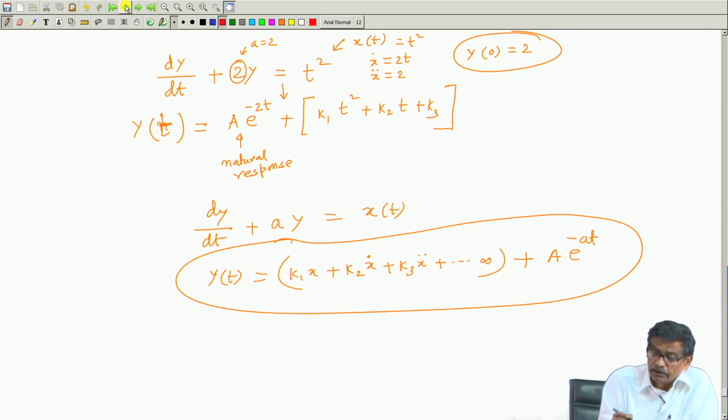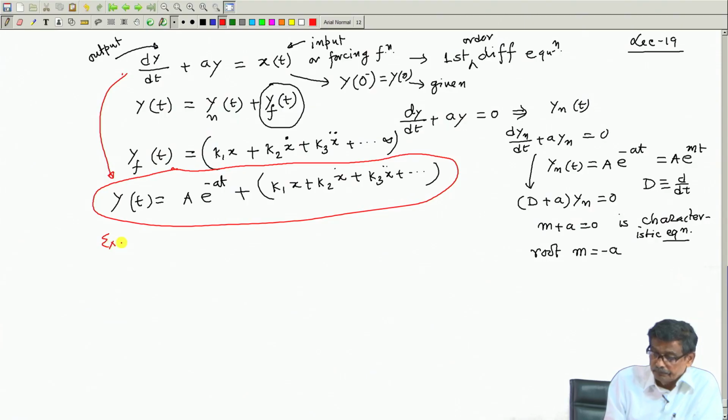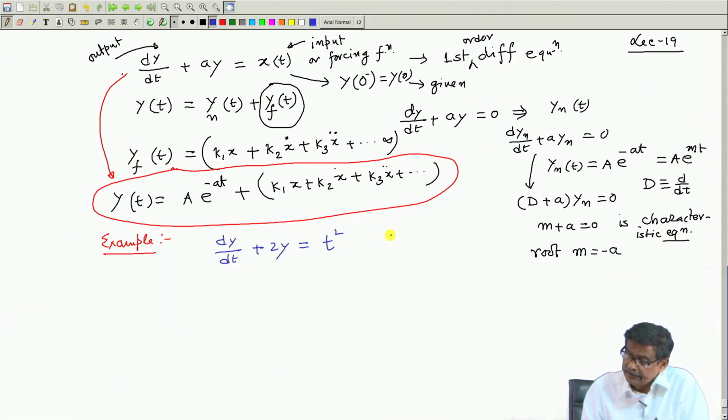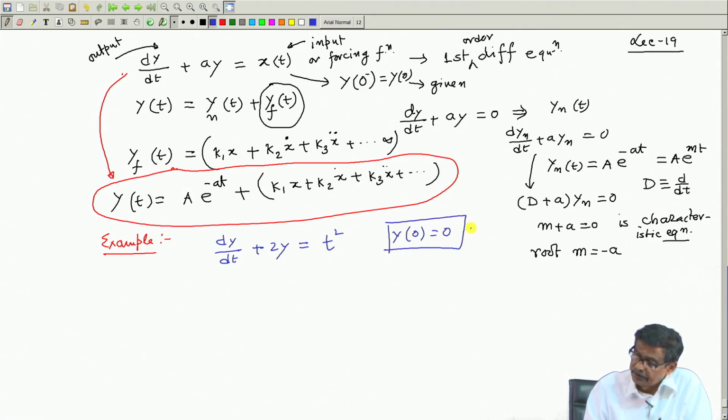For example, last time I was doing a problem. Suppose I say that the equation is, for example, dy/dt plus 2y is equal to t square, and it is given that y(0) is equal to 0, this boundary condition is given, and get the total solution of the system.